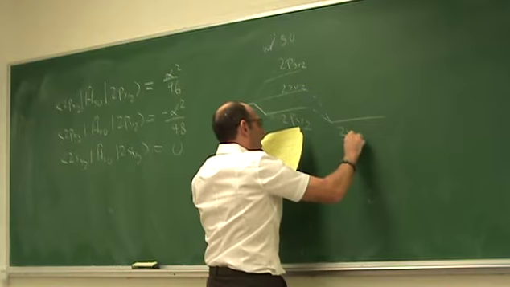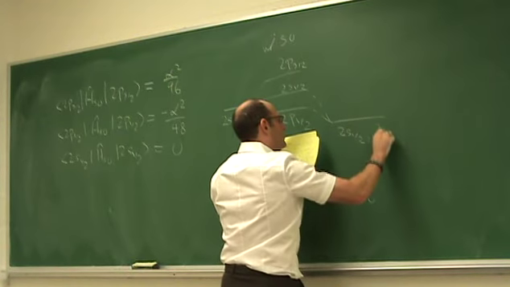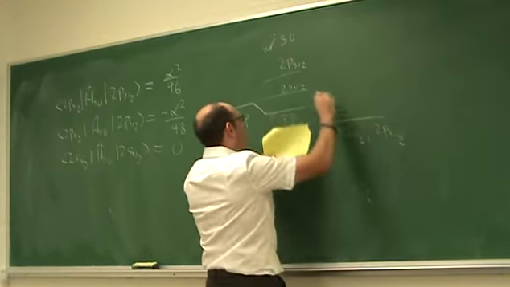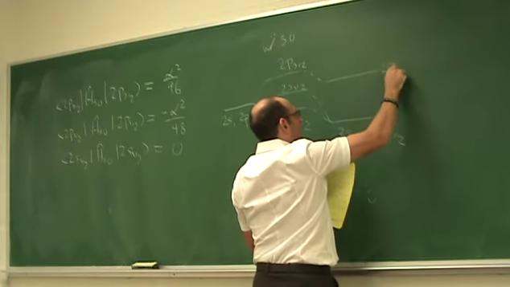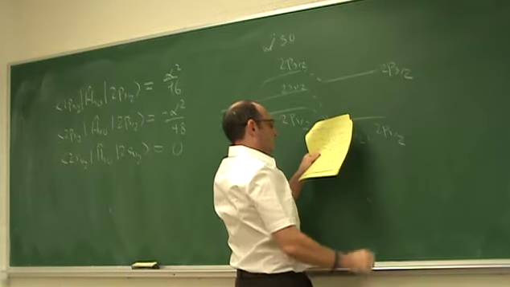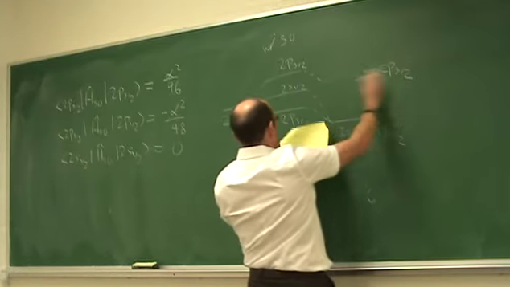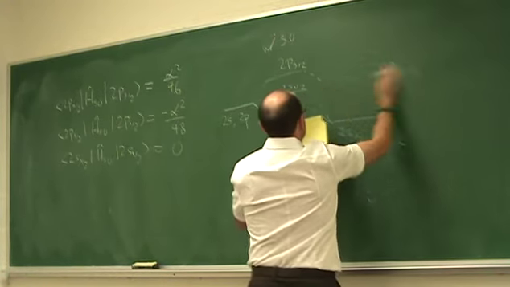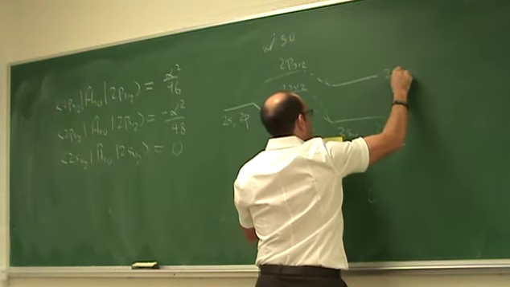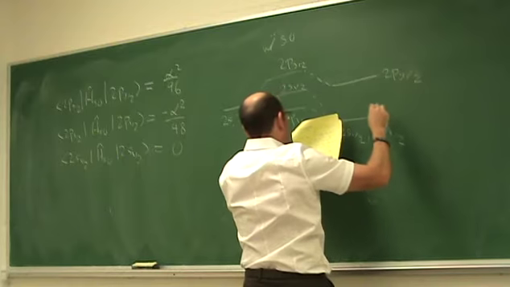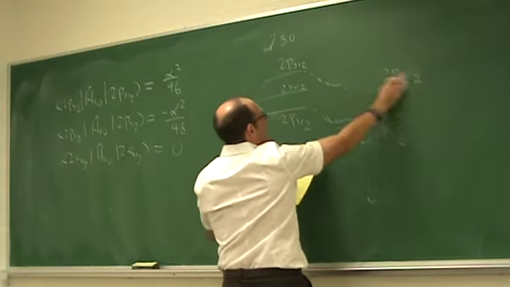The 2s 1/2 and the 2p 1/2 are down here, and then the 2p 3/2 is up here. This guy, this should be degenerate.